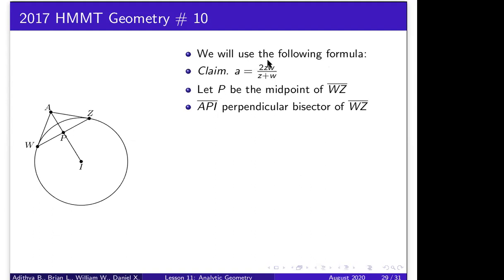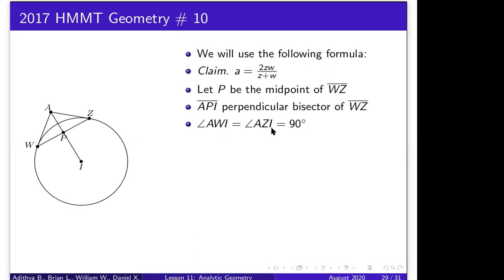In particular, the arguments are the same and not a 180-degree shift of each other because they lie on the same side of I. Also note that triangles AWI and AZI are right triangles. This is just because of tangencies.